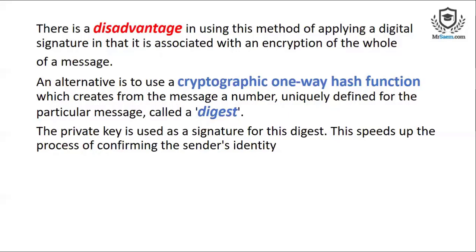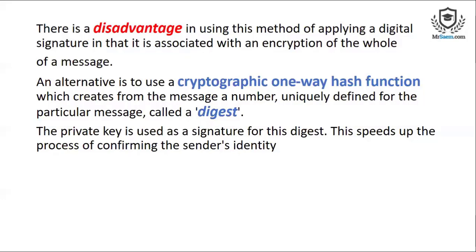So for that, they came up with an alternate way: why not give this message a particular number, a unique number, which is known as a digest. How would it help?